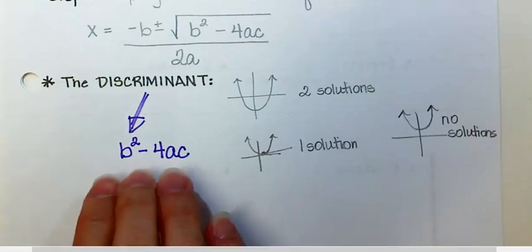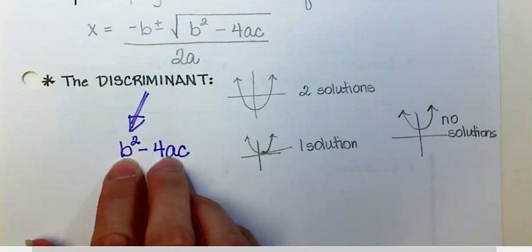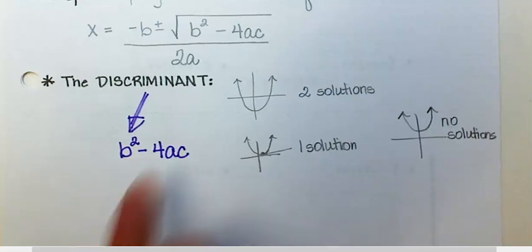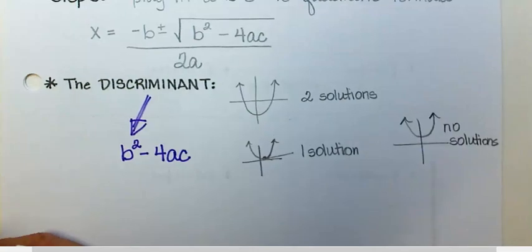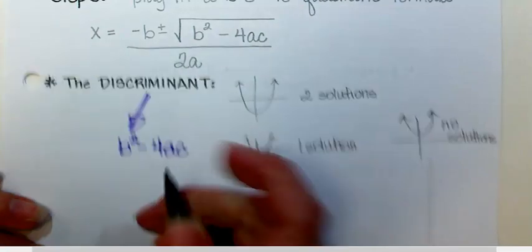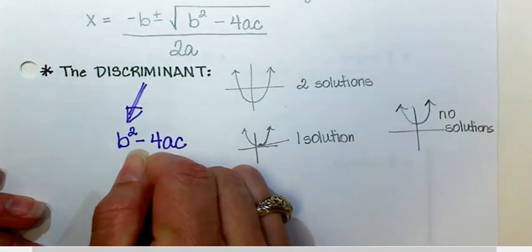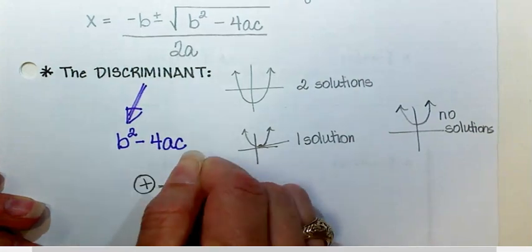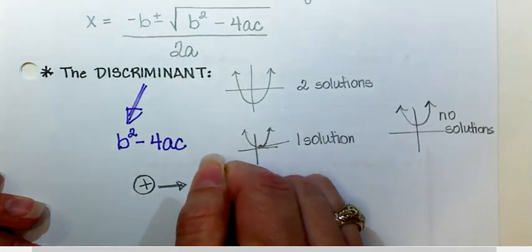If the discriminant, when you put b and a and c in there, if the discriminant is positive, there will be two solutions.